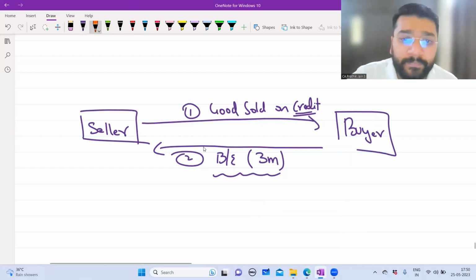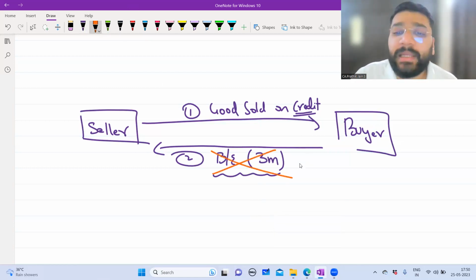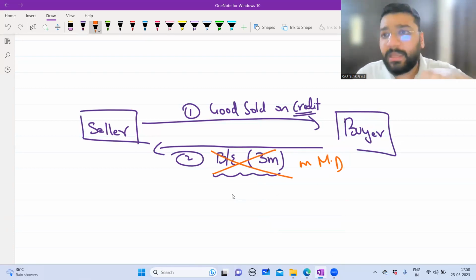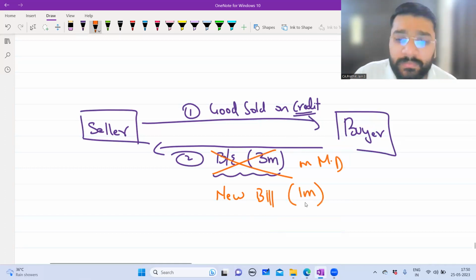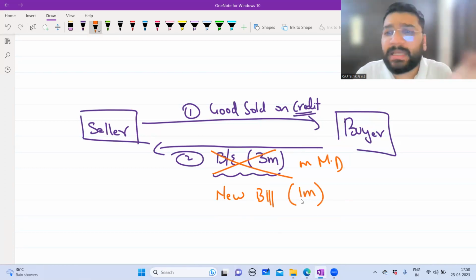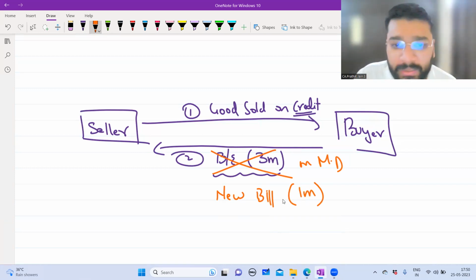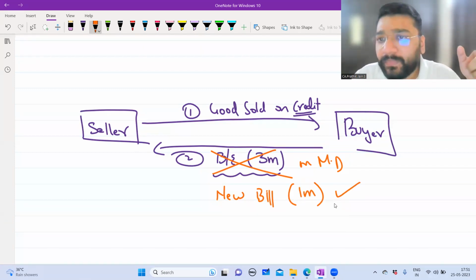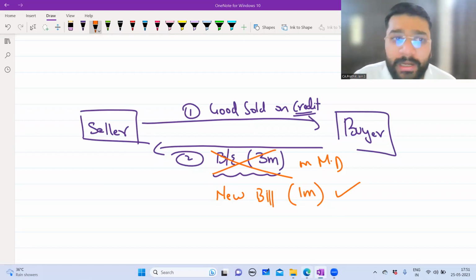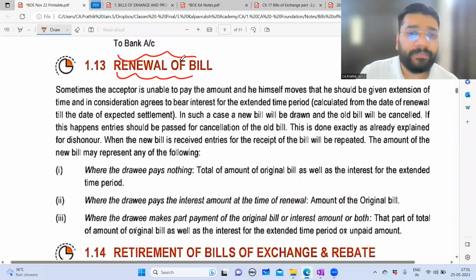So now here, the old bill loses its validity on the maturity date, and on the very same date, a new bill with an extended credit period of, let's say, 1 month is created. The extended credit period can be anything that is agreed between the seller and buyer. In our example, I'm taking 1 month. So the process of cancelling the old bill and creating a new bill is called a renewal of a bill. Now let's read this theory.